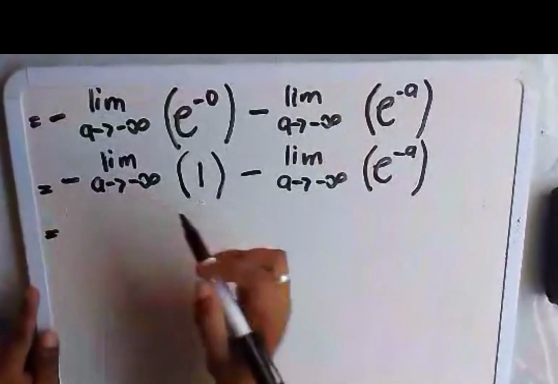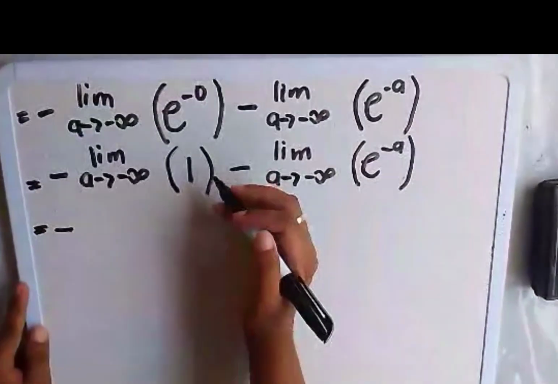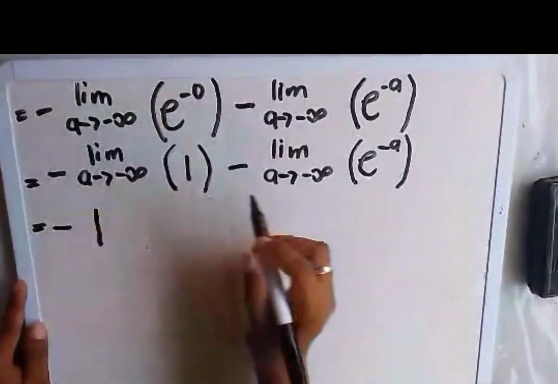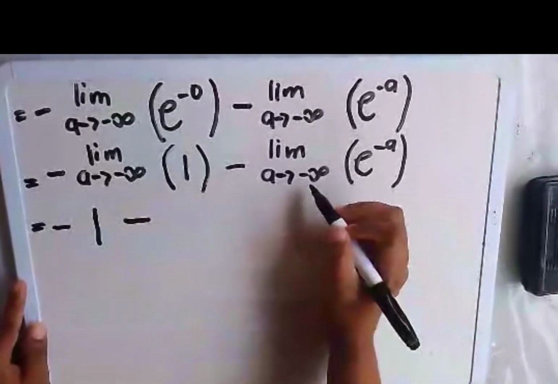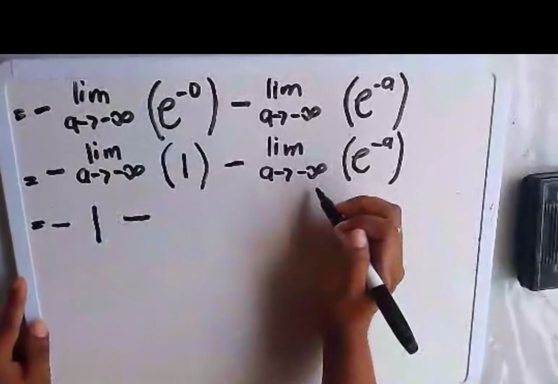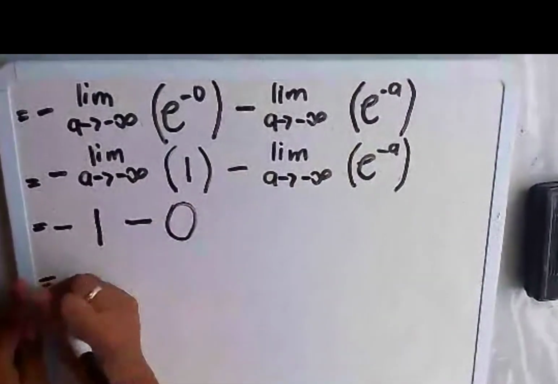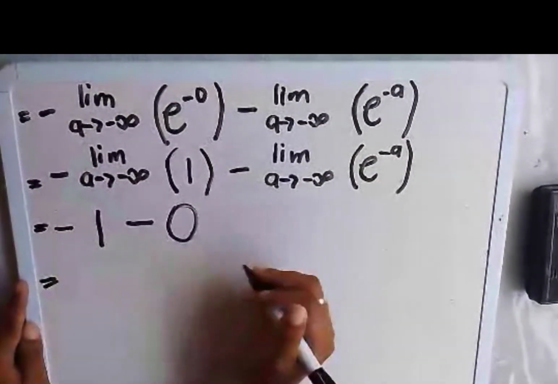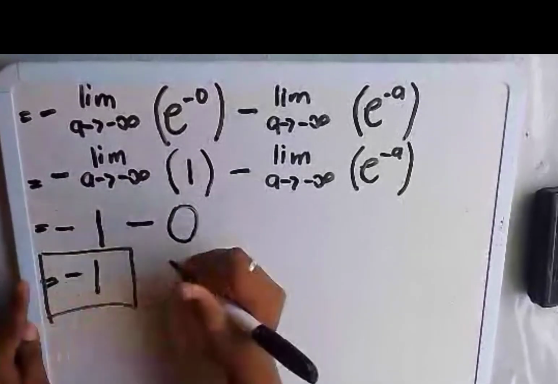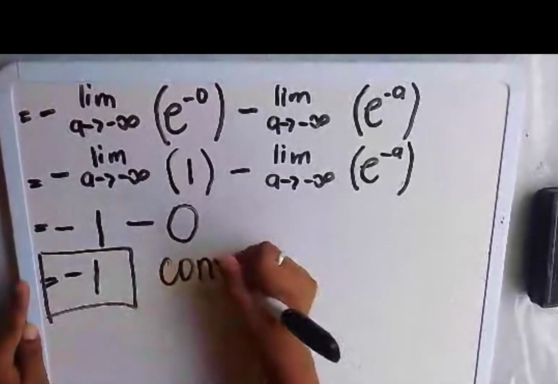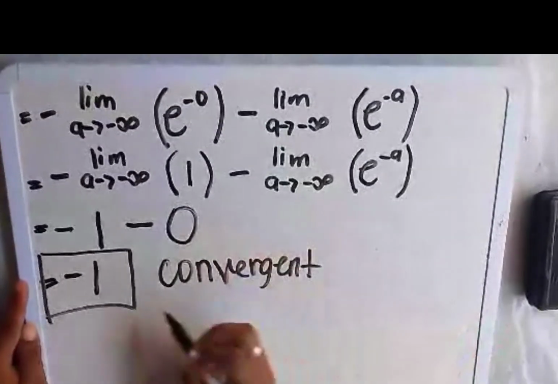And then, we have negative this function, which is equal to 1 minus this given function. Since a is approaching negative infinity, this function will be 0. Negative 1 minus 0 is equal to negative 1. And it is convergent because it has a finite value.